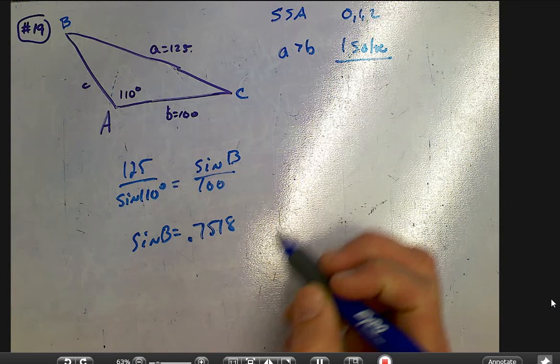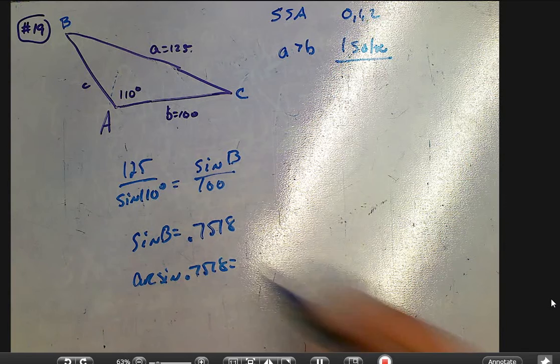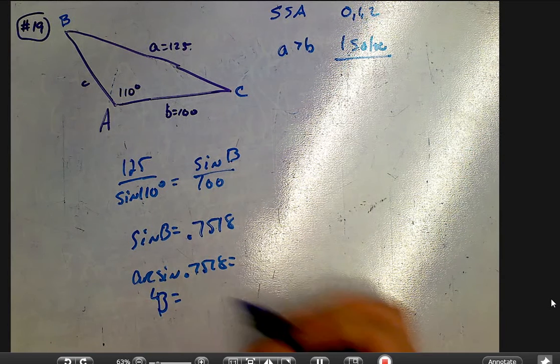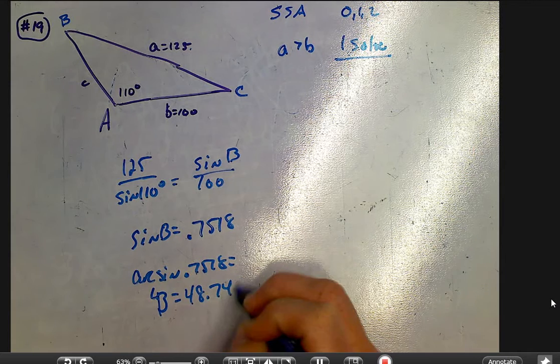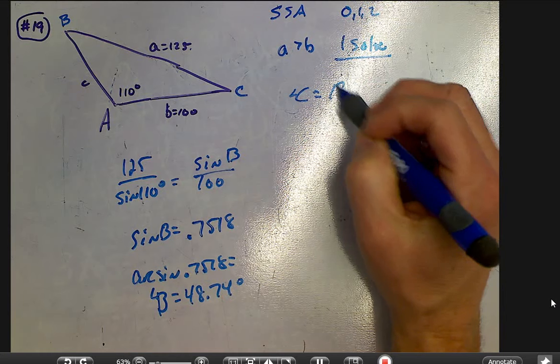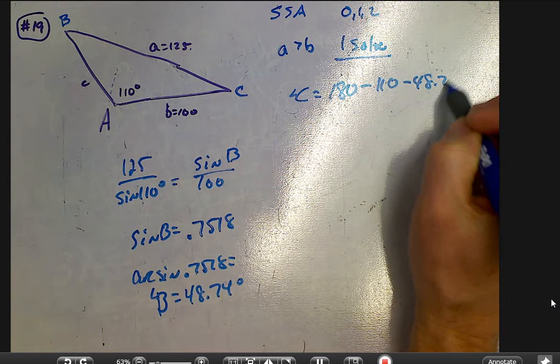So I'm going to take the arcsine of 0.7518, and that means that angle B is equal to 48.74 degrees. Okay? So that means angle C must be 180 minus 110 minus 48.74.